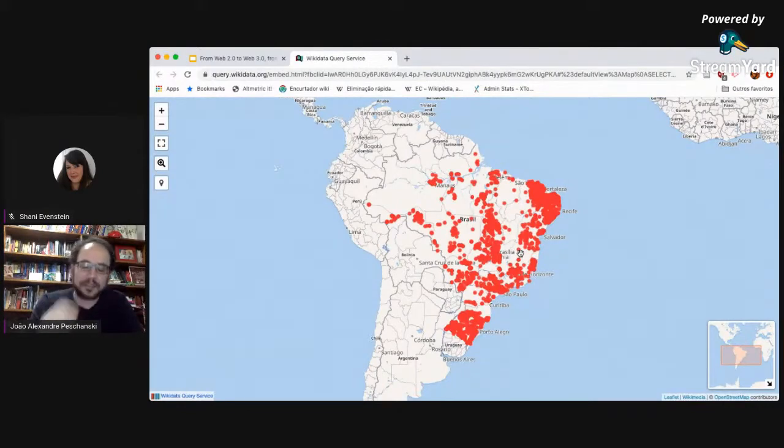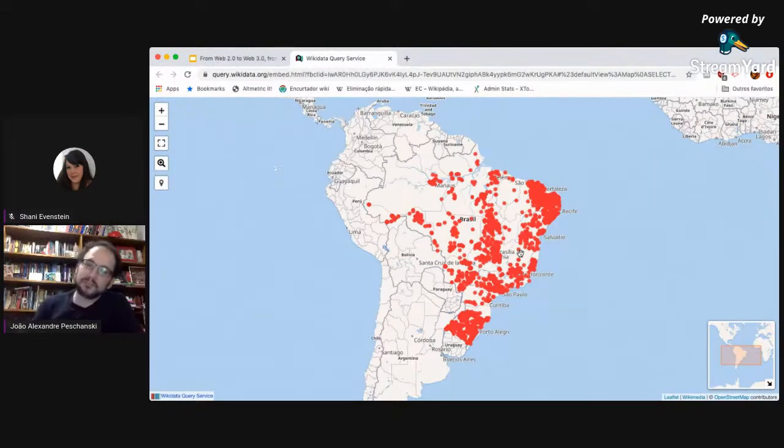About a year ago, Brazil had one of the most dramatic tragedies associated with one of these dams being flooded, and many people died, and a whole ecosystem was destroyed. And we are using Wikidata to actually check the situation of each one of these dams.